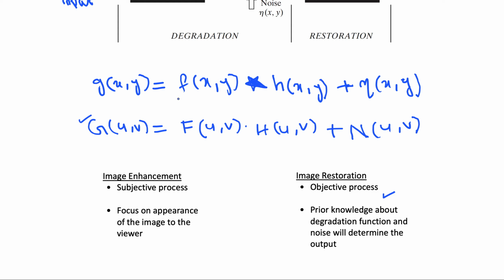If you mathematically want to take out F of u, v, you have to subtract the noise from G of u, v, and divide the result by H of u, v. So to get F of u, v, you need the exact information about H of u, v and the exact information about N of u, v, or h of x, y and eta of x, y. If you have the exact information about these quantities, then you can mathematically get the value of F of u, v or f of x, y.